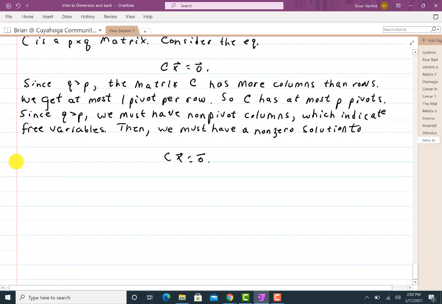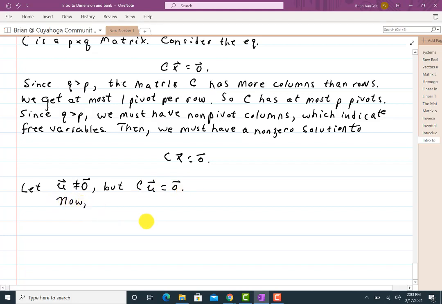So since I have free variables, I know that I'm going to have probably an infinite number of solutions. So let u be a non-zero vector, but Cu equals the 0 vector.